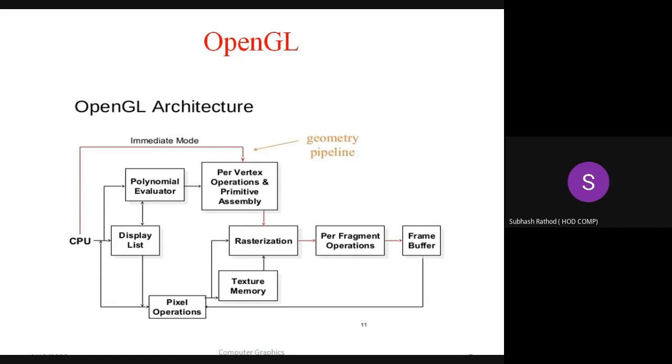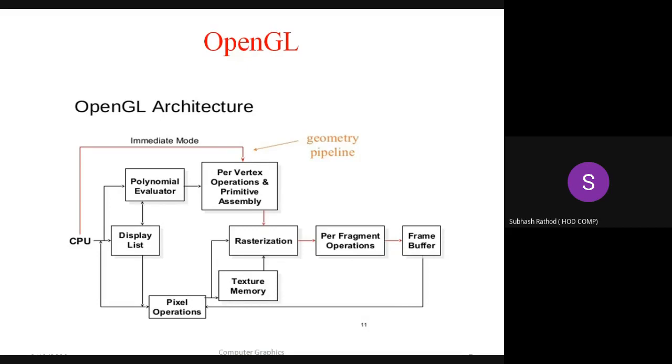Each component or each block performs a certain specific task during the execution of the graphics program with the help of the OpenGL library or OpenGL APIs. So remember, this is a block diagram, the OpenGL architecture. Sometimes this architecture is called the OpenGL pipelining architecture, as all the tasks execute one after the other, as shown in the diagram.